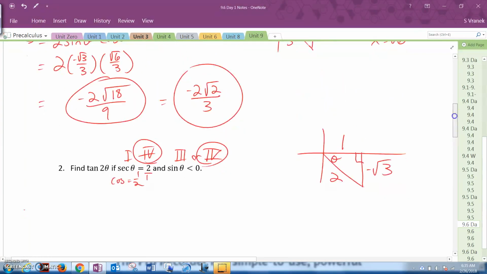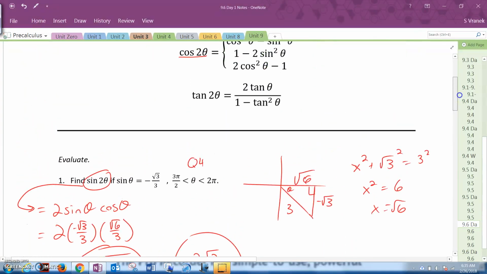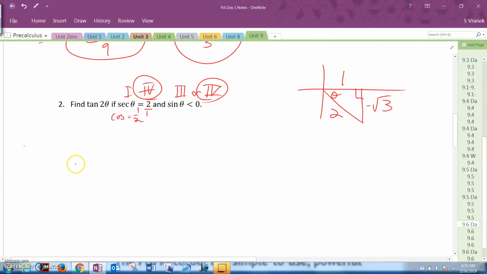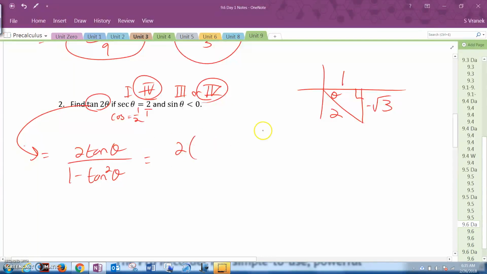And now we have to do tangent of 2 theta. So that would be the formula of 2 tangent theta over 1 minus tangent squared theta. Okay, so I write that down again, and now I put my value in. So I get 2 times the tangent, which would be negative root 3 over 1, or negative root 3, over 1 minus negative root 3 squared.